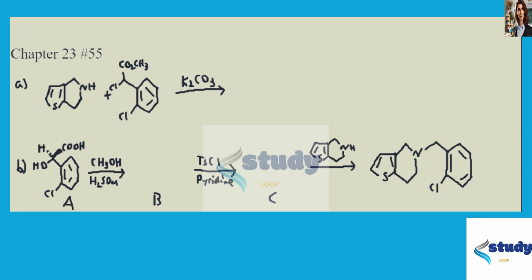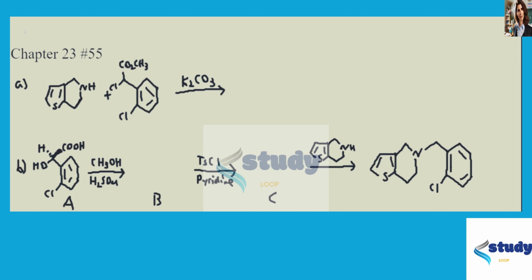Okay, so for part A, basically we have two chlorines that could react to give us our final drug here. However, the bottom chlorine is a halogen on an sp2 hybridized carbon. It's in an aromatic ring, and so it's not going to react.